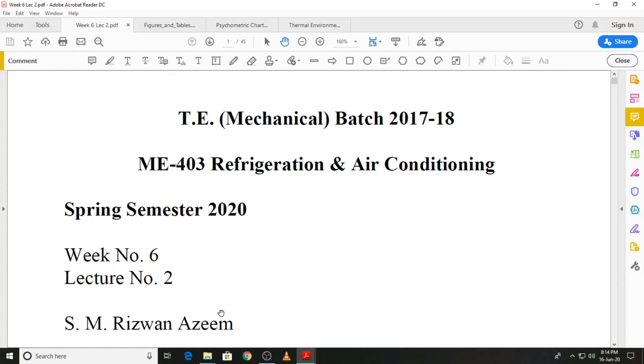We will start with an example in which we will make use of the equations and the psychrometric charts to find out some properties at a given state of moist air.